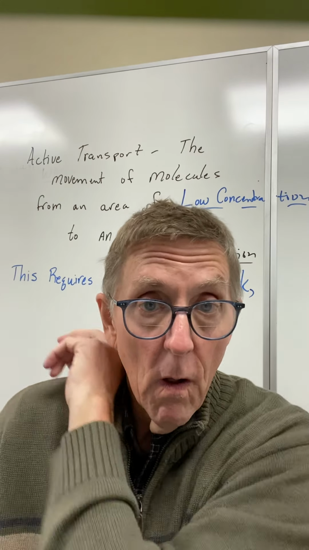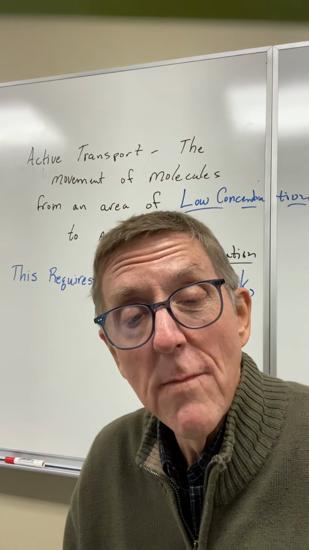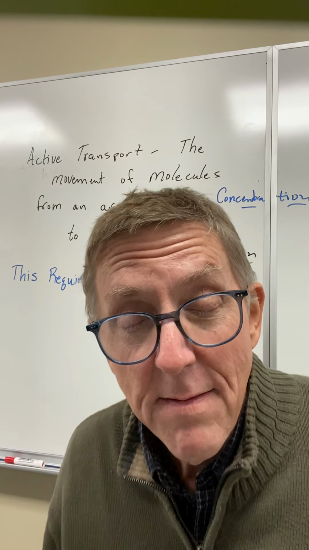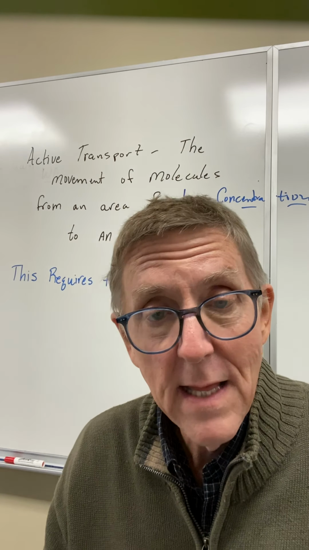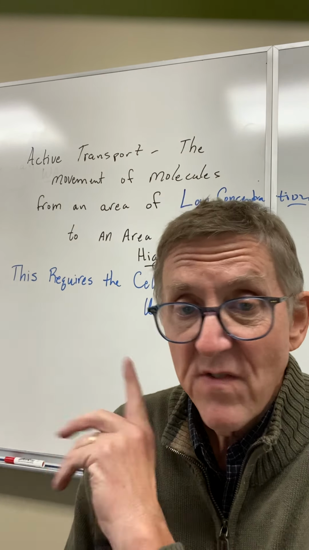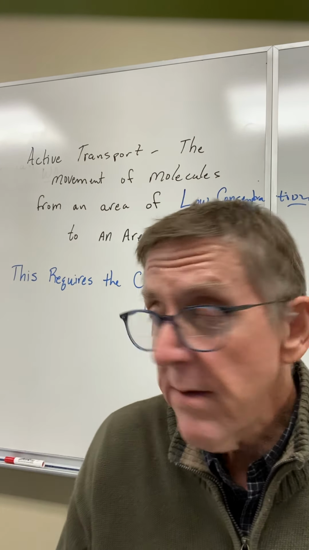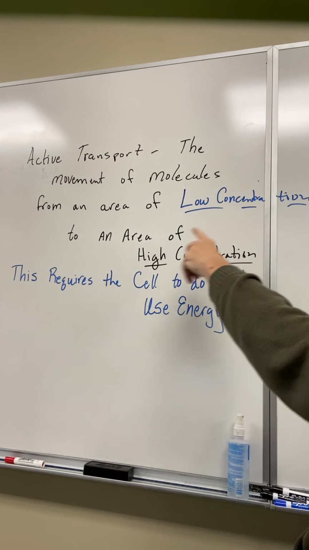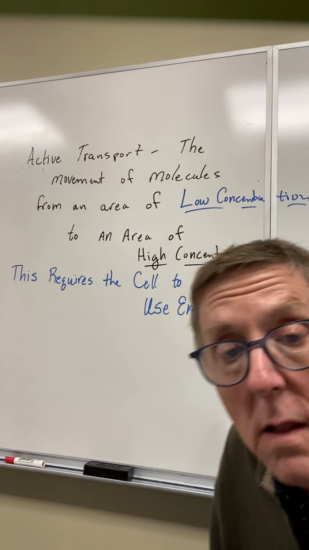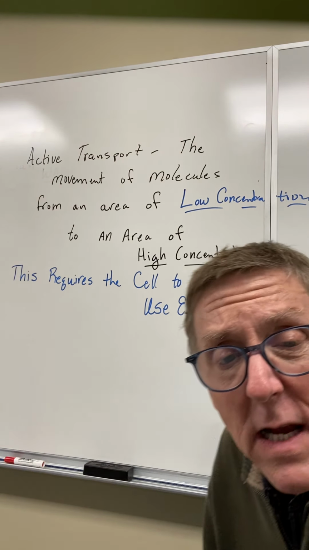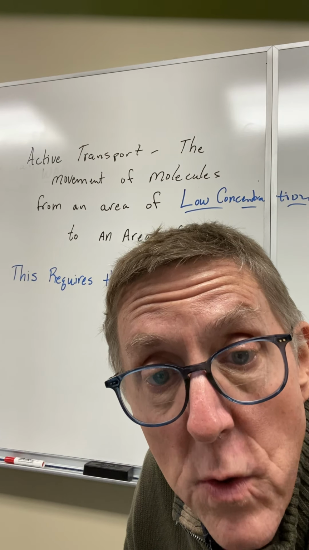And in general, if we remember, what was diffusion? Diffusion was driven by vibration, Brownian motion, and the bumping of molecules into each other. Here, that's not what's going on. In active transport, it is the movement of molecules from an area of low concentration to an area of high concentration, the opposite of diffusion.